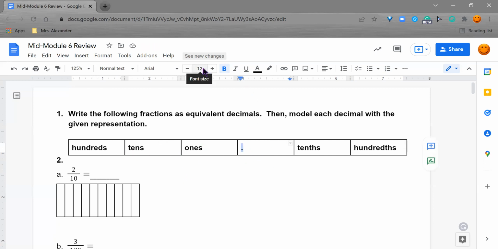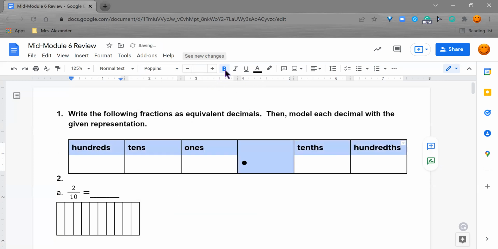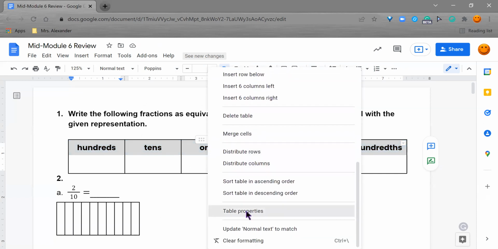My decimal, I'm actually going to make twice as big so that I can see it. And then I'm going to make it all pretty because that's what I do. Makes life easier because I need to be able to see it. And so you do what you got to do.